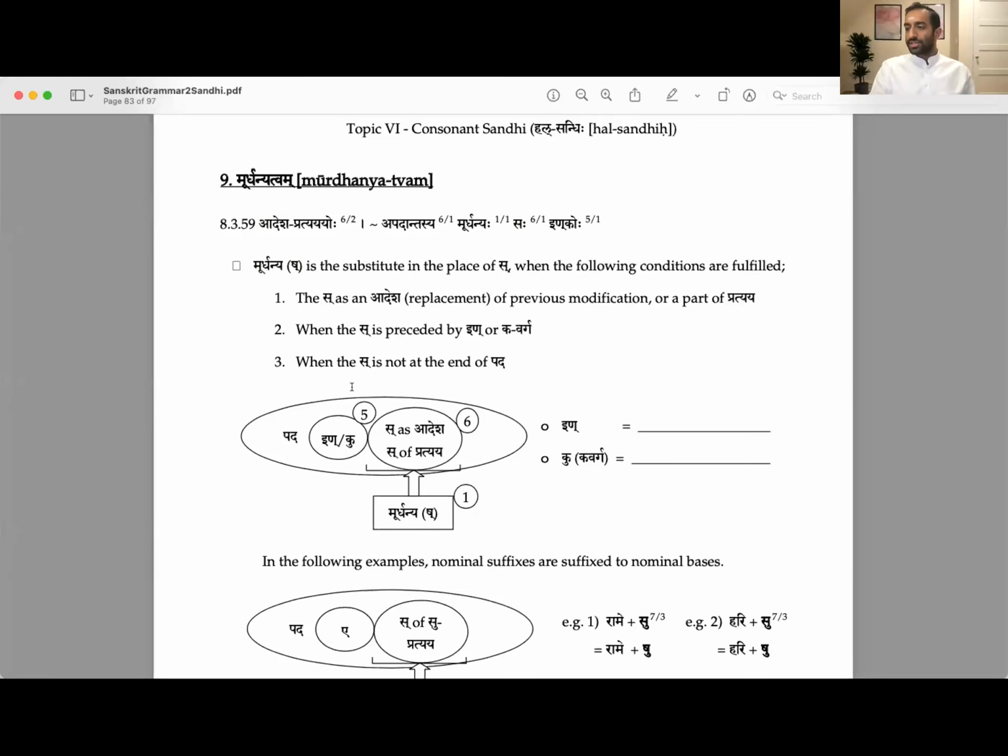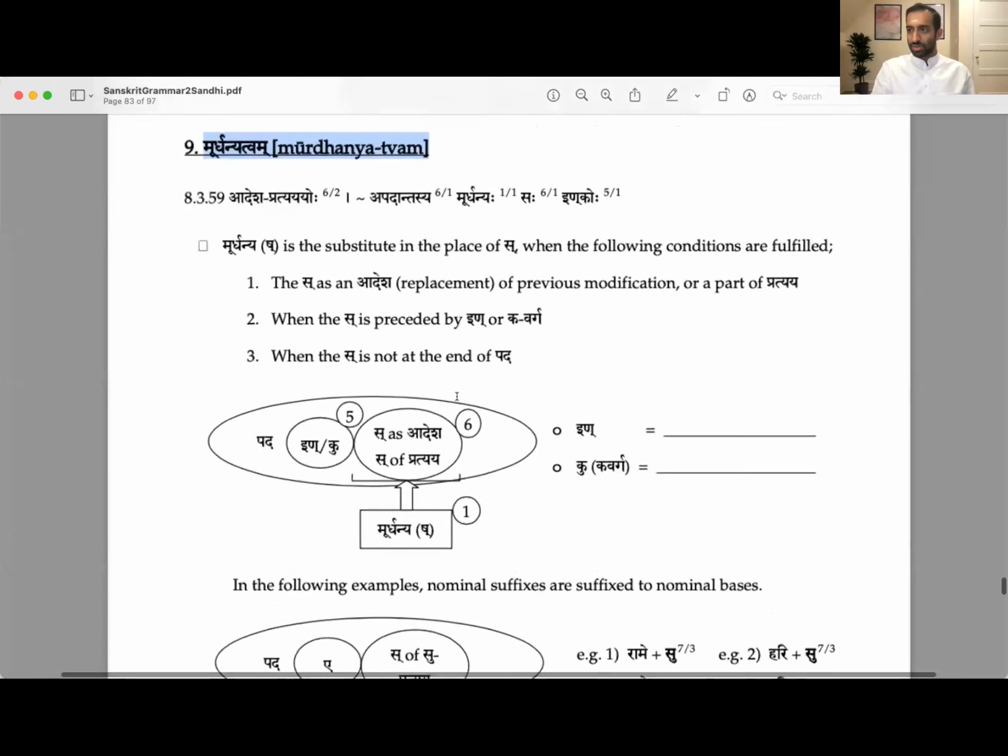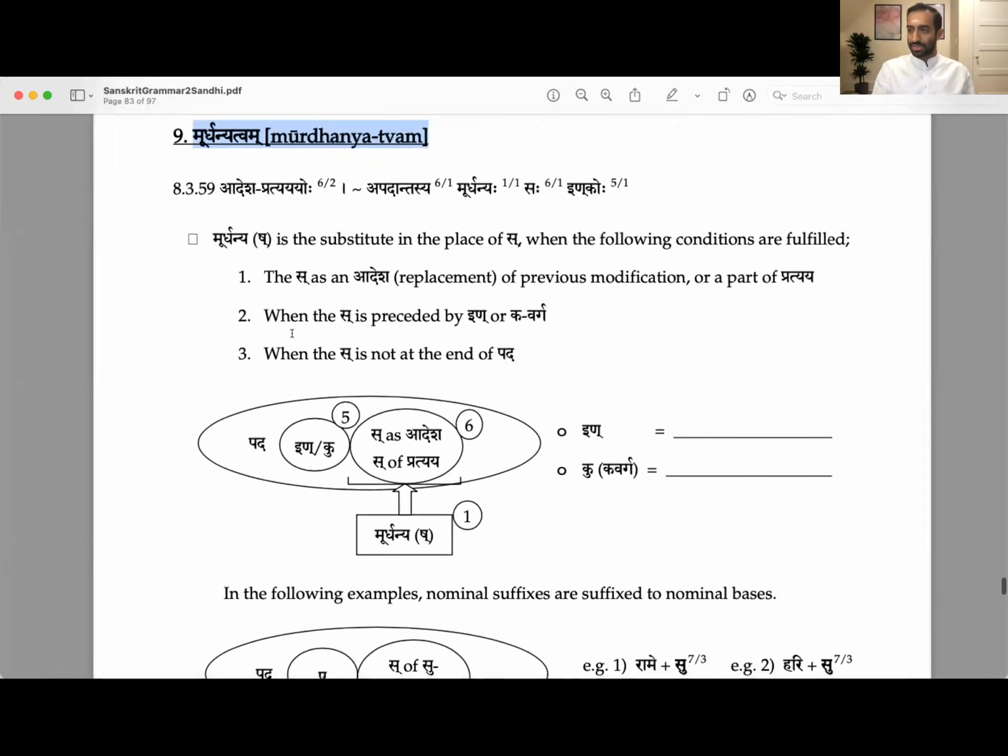So I'm going to pull up the Sandhi book. In the Sandhi book, the section where this is, is murdhanyatvam. Here, if we have a sakara, what's relevant for us is the sakara of a pratyaya.